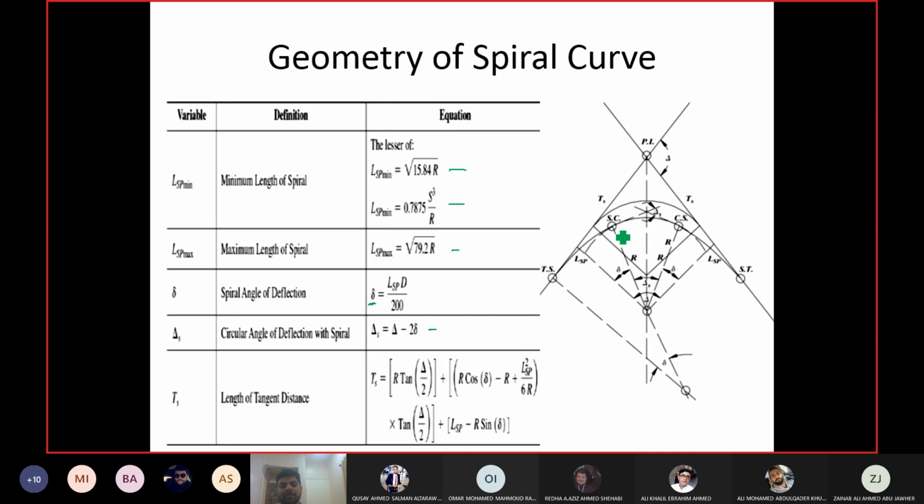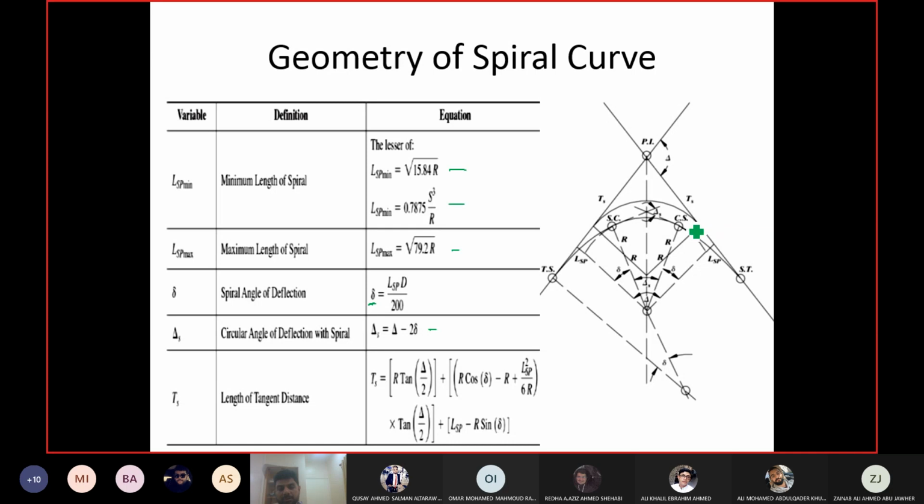Point SC is the end of the spiral curve when it is meeting the circular curve. So SC means spiral to circular. Then you have the length of the circular curve and you will reach CS. CS is the start of the end spiral curve. So CS stands for circular to spiral.